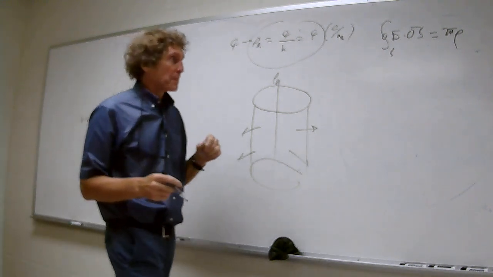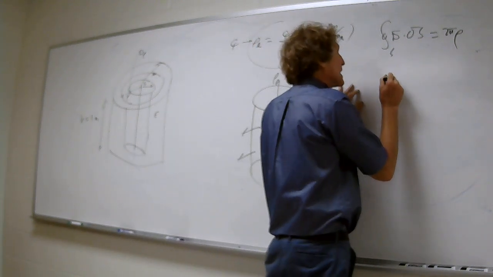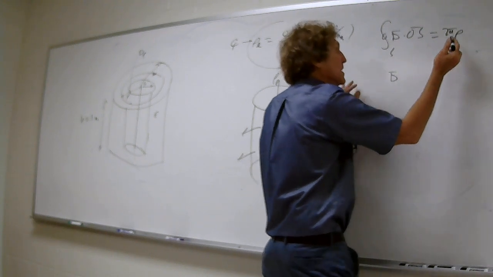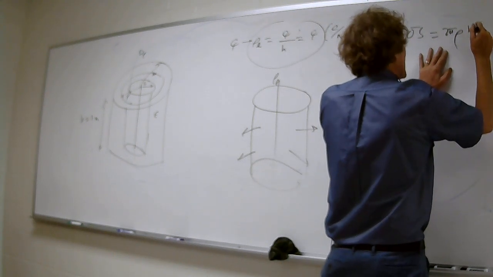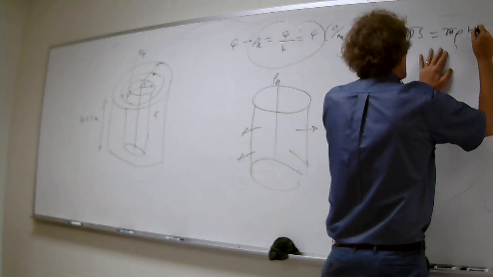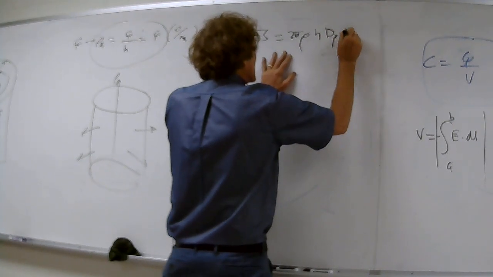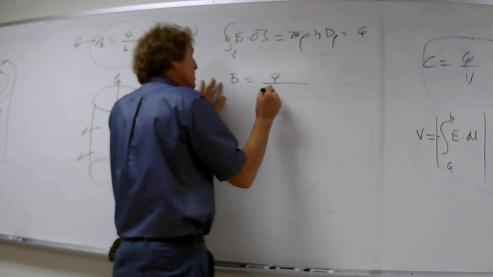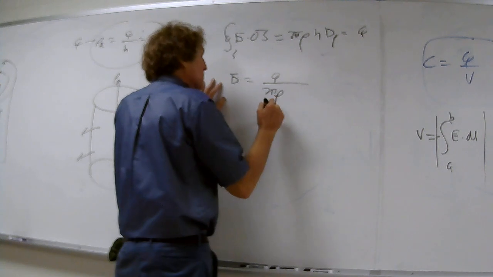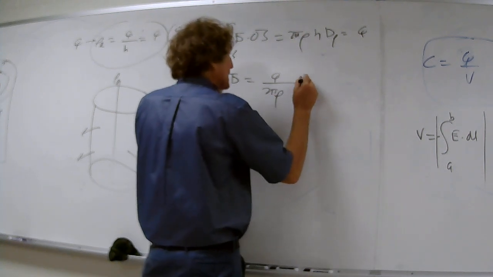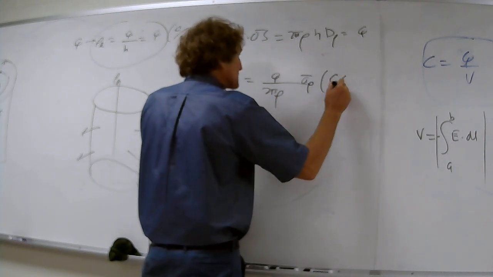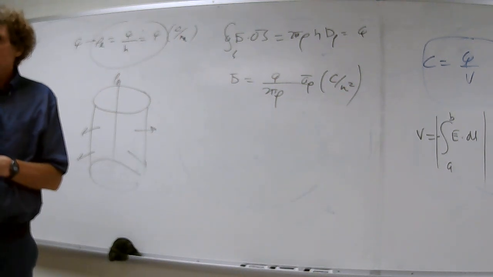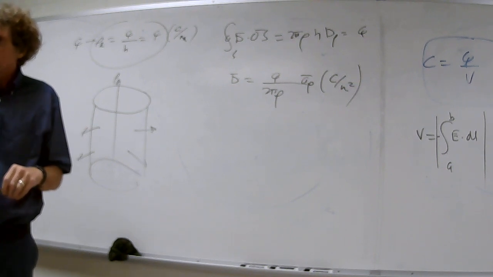So the integration is 2 pi rho times h, which is 1, times the D field, equal to the charge enclosed. Therefore the D field is the charge enclosed over 2 pi rho h, with h equal to 1, in the a rho direction, coulombs per meter squared. I spent a lot of time on that. Did you all follow me? Total charge over the surface area.